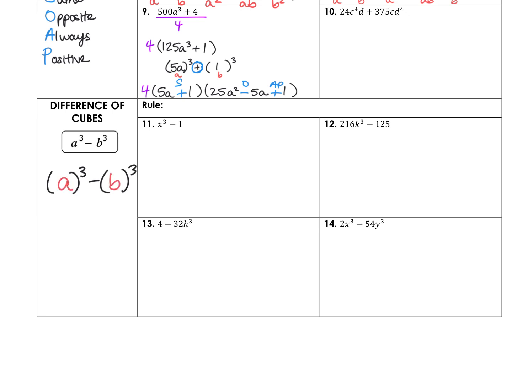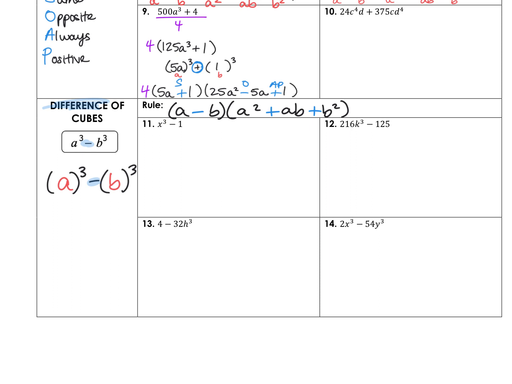Figure those things out first, so that way you can do the pattern, which is still AB, A squared, A times B, B squared. And your signs are same, opposite, always positive, so it's going to be minus, plus, plus, because it'd be same as the negative. This is a difference. Remember, difference means subtract. Okay, so these are difference of cubes.